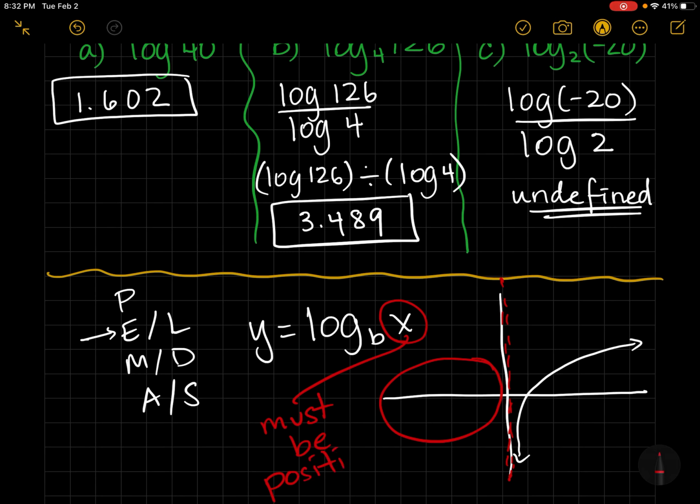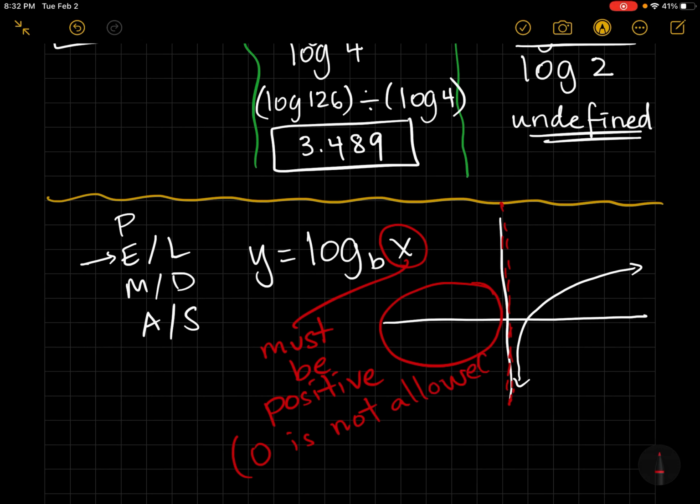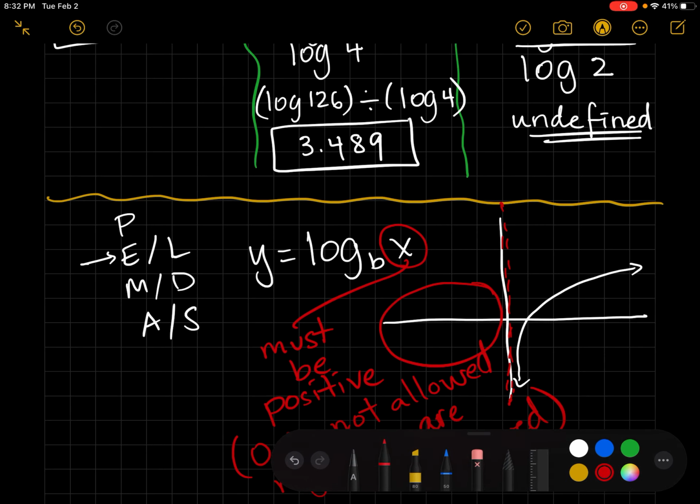It's a domain issue, and you're going to learn that as well. When I say positive, that means 0 is not allowed. Negatives are not allowed, and when I say not allowed, they're undefined. They just don't happen. Alrighty. And we're going to learn a little more about B also.